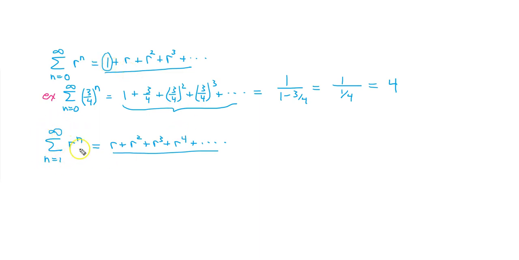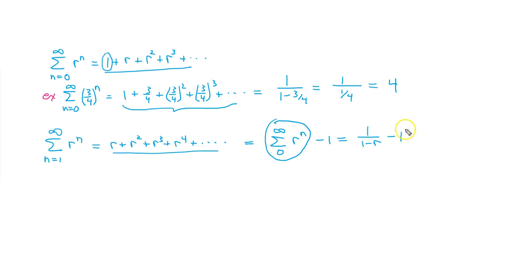So we see that this series is just equal to this one minus 1. Just take away the 1. So this is equal to the sum from 0 to infinity, and remember, this is equal to 1 over 1 minus r.